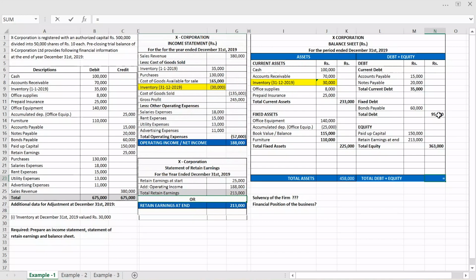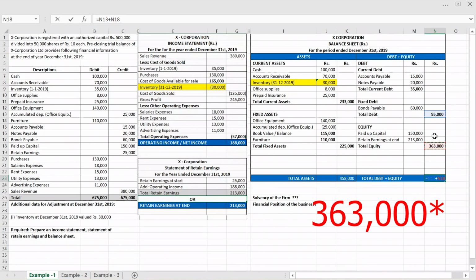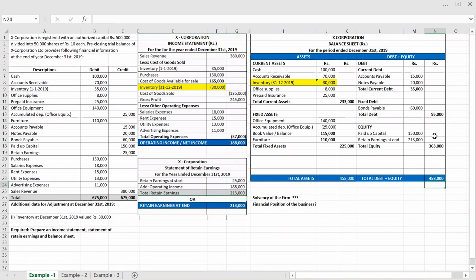The total debt is equal to rupees 95,000, and then total equity is equal to 2,63,000. So we can see here the results of both sides. The left hand side of total assets is equal to the right hand side, that is total debt plus equity. So in this way the statement of balance sheet is completed.